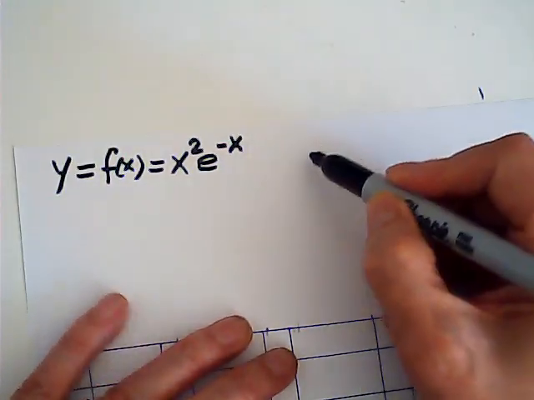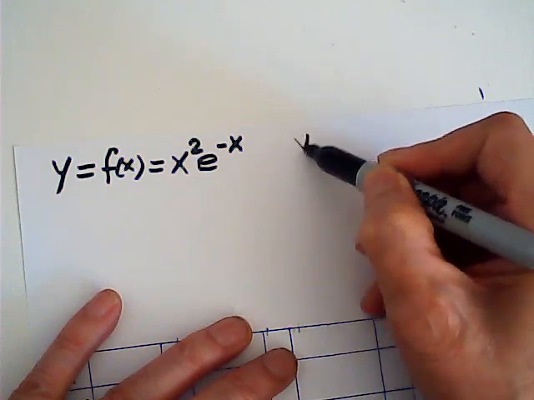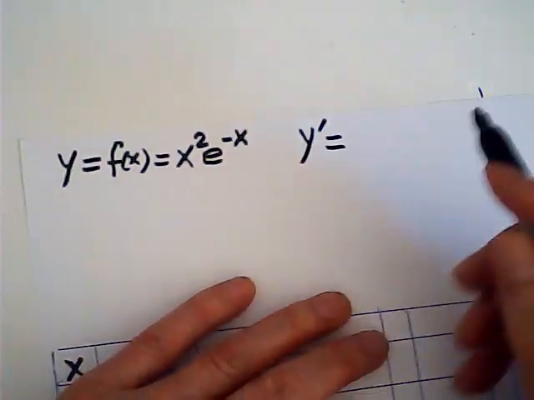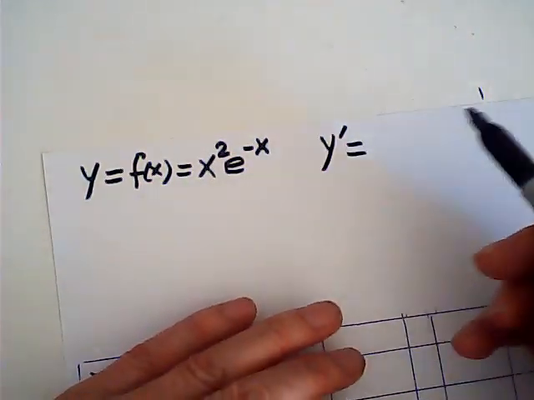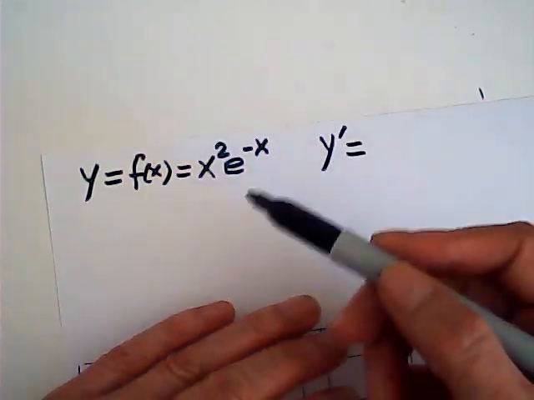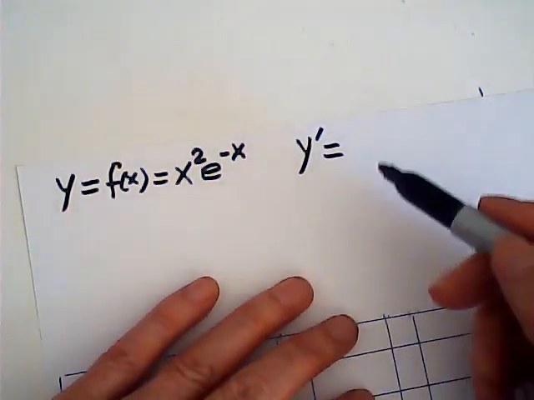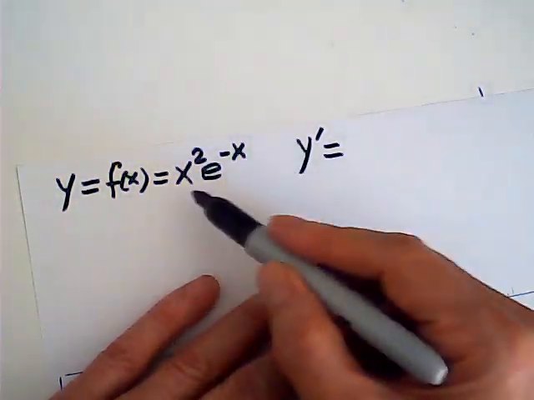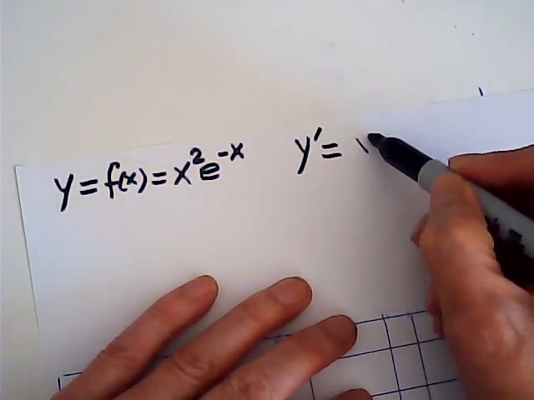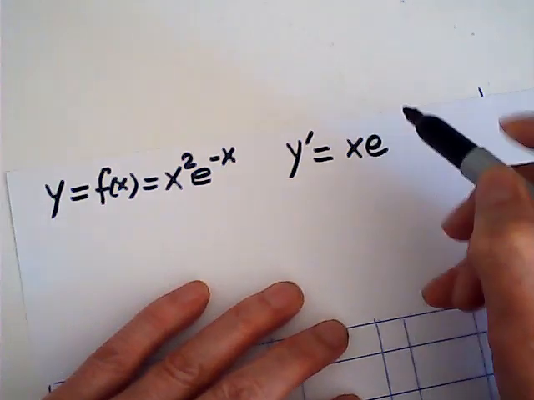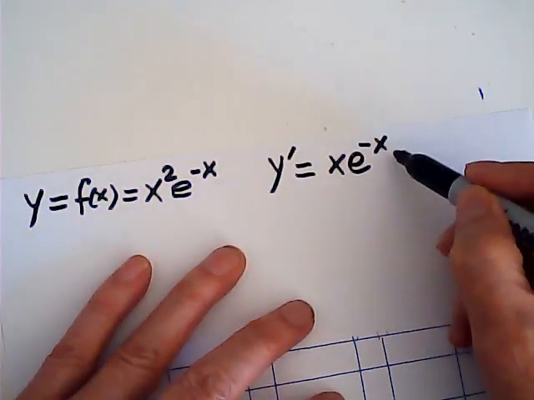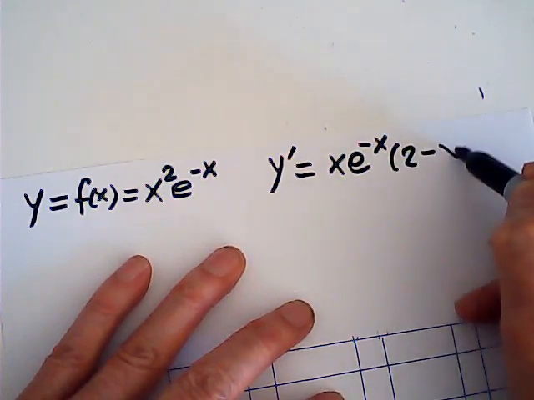Now, first you find the derivative, right? The first derivative. I'm not going to waste your time showing how to find the derivative. Suppose you know how to find the basic derivatives. So this is equal to e to the power of negative x times (x minus 2) minus x.